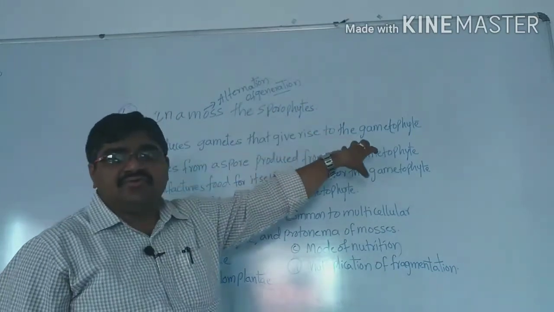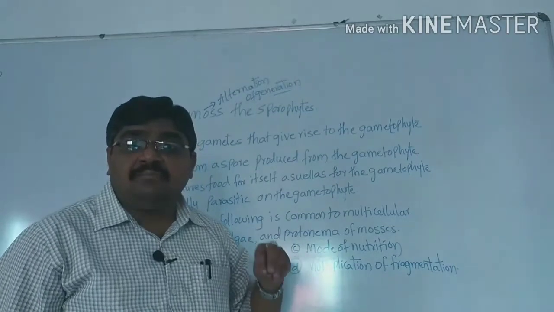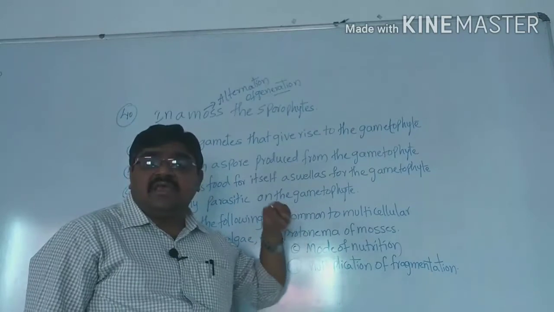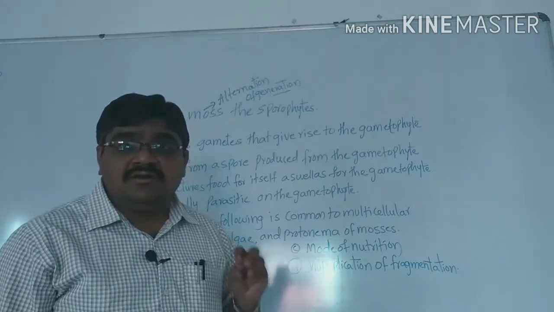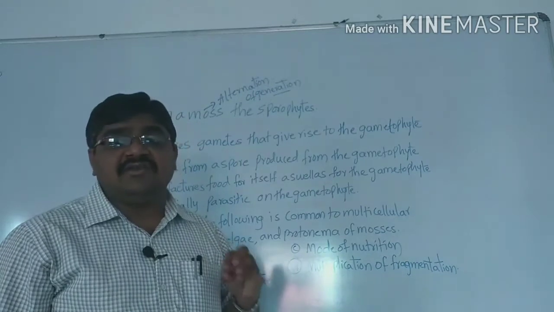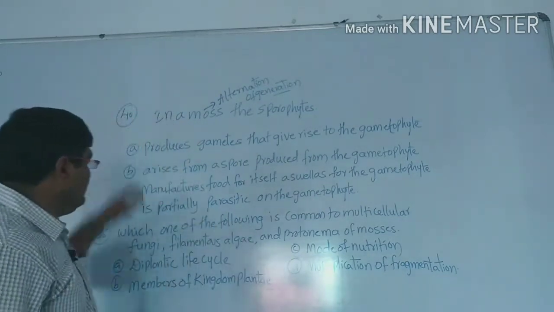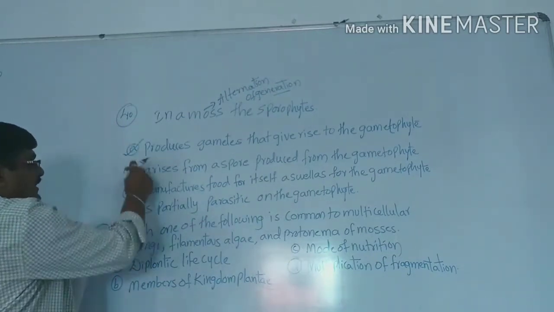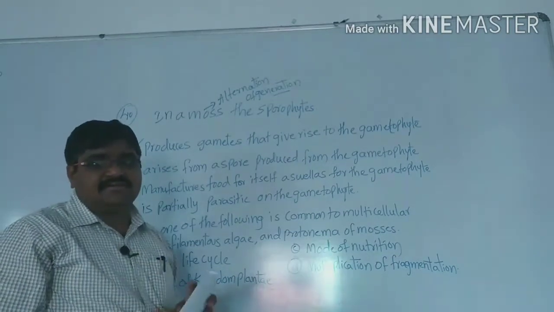Here a haplodiplontic life cycle takes place in the bryophytes, and it also shows alternation of generations. So the first option is the correct answer, and the remaining we will discuss, as to why they are not correct.